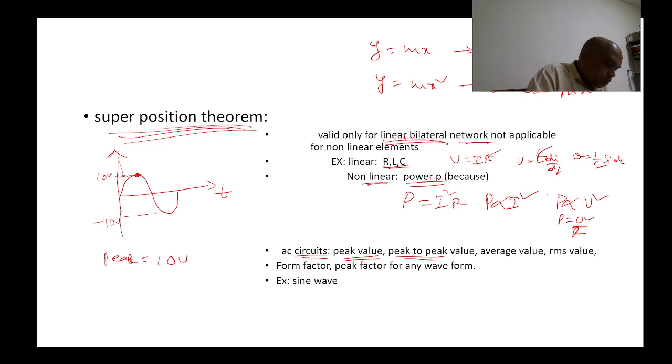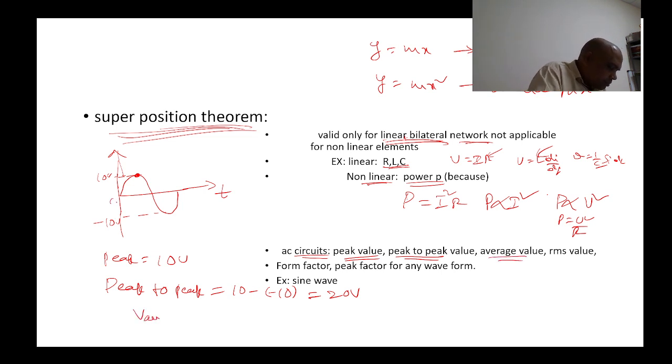Next, find peak to peak. Peak to peak means 10 minus minus 10, which is 20 volts.